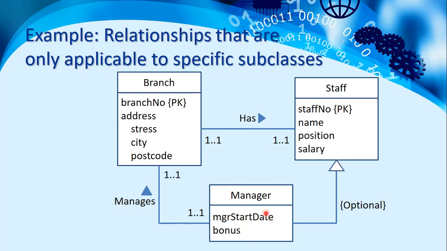Let's say for this instance, the manager, which is a subclass of the staff entity, could also have a relationship with other entities. If we're going to interpret this, branch has staff, and the manager manages branch, which is correct, precisely.